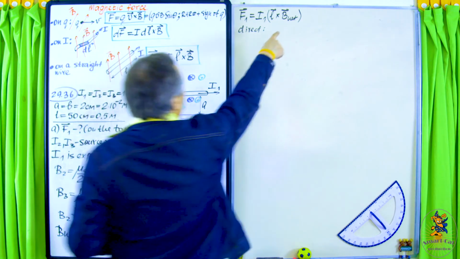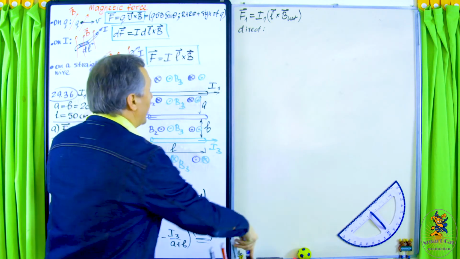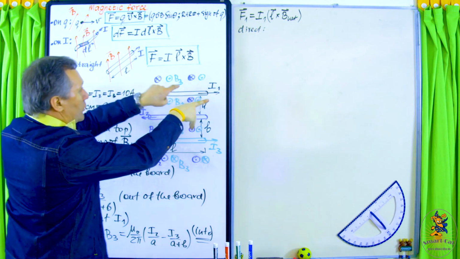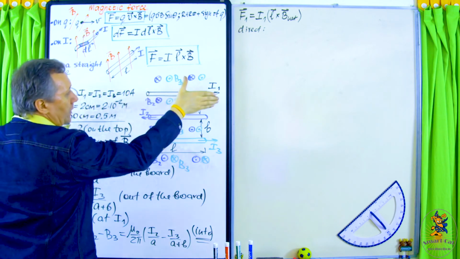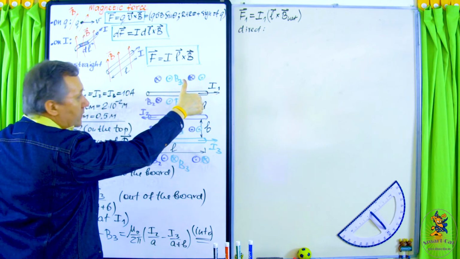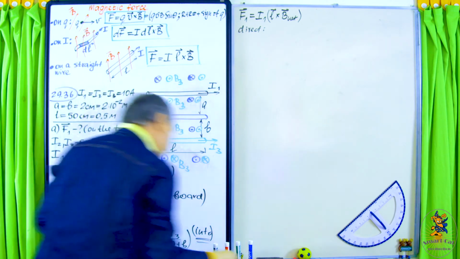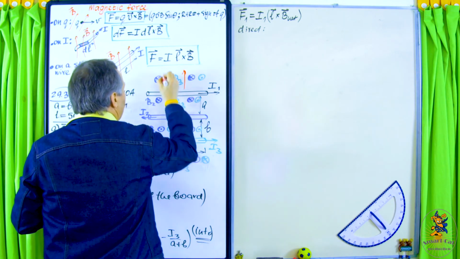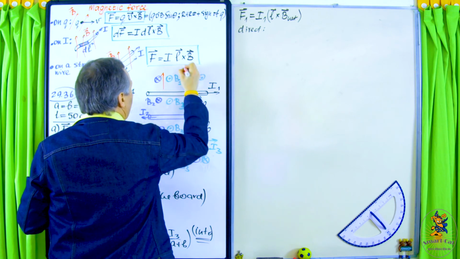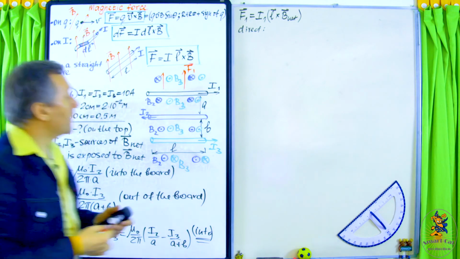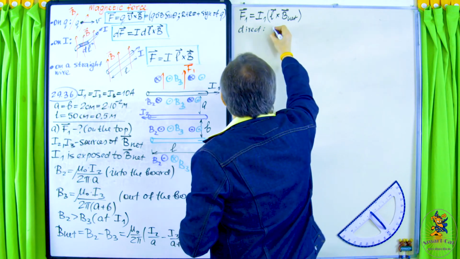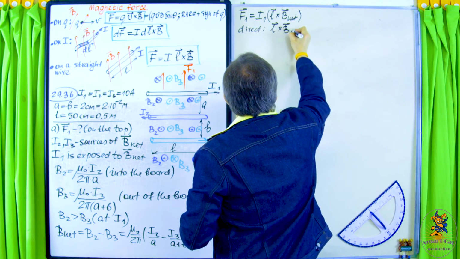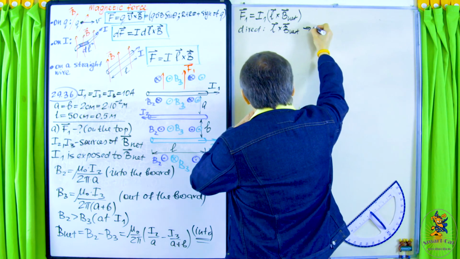L, the direction of L, is determined by the direction of current, so L that way. L cross B net, into the board, the force will be up. Let me check. Yeah, so the force will be up. So this will be F1. So direction, L cross B net, gives us upward.